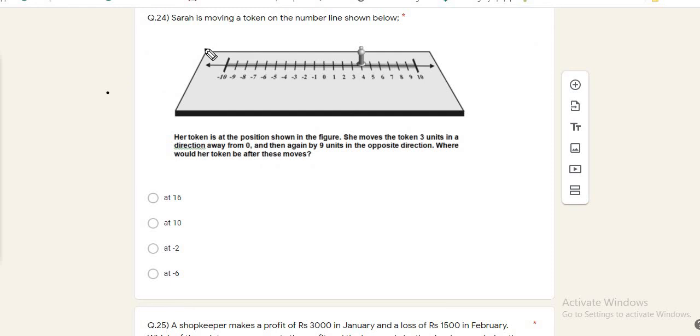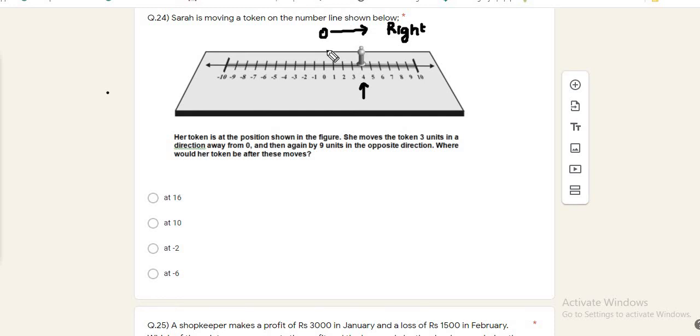Question 24. Sarah is moving a token on the number line as shown below. Her token is at position as shown in the figure, which is currently at 4. She moves the token 3 units in the direction away from 0. As we know that to move away from 0, we have to move towards right from position 4.